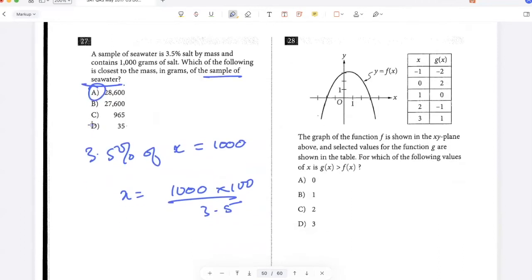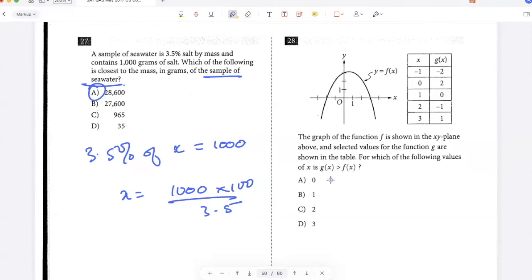The graph of the function f is shown in the xy plane above, and selected values for the function g are shown in the table. For which of the following values of x is g(x) greater than f(x)? Okay, so 0. g of 0 is 2, and f of 0 also looks like 2, right?